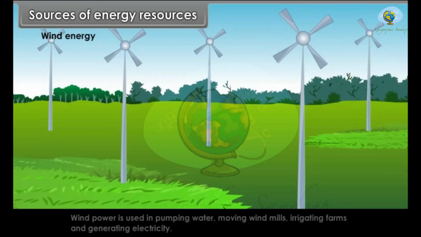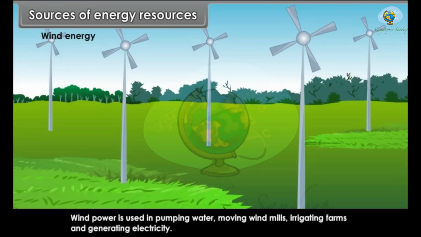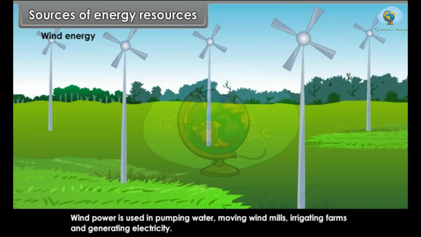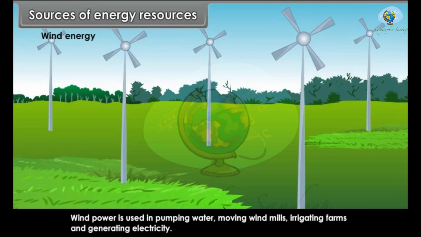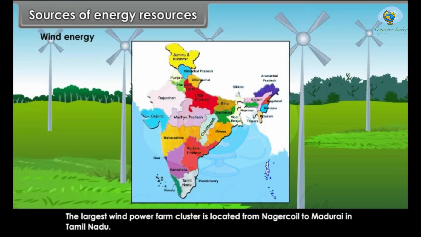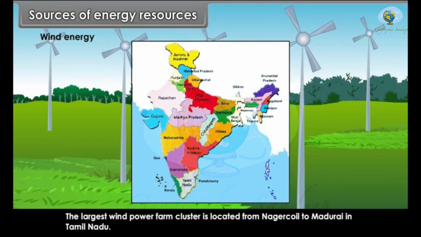Wind energy. Wind power is used in pumping water, moving windmills, irrigating farms and generating electricity. The largest wind power farm cluster is located from Nagarkoil to Madurai in Tamil Nadu.